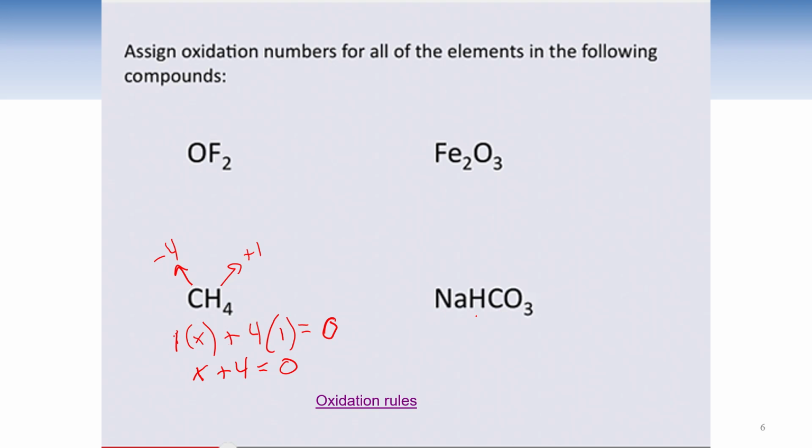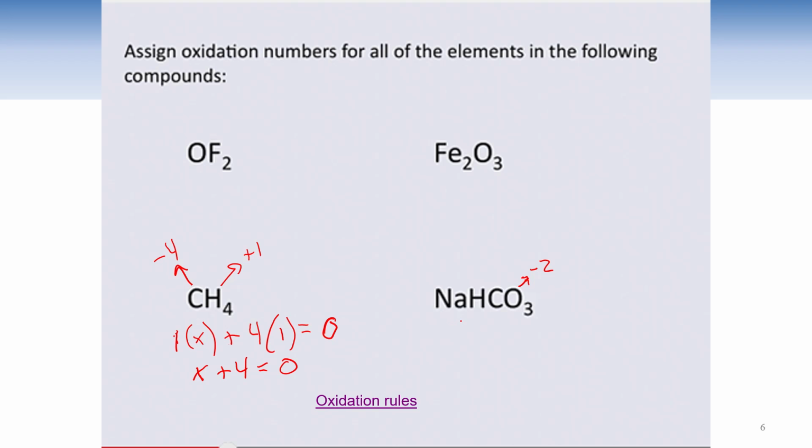Now we have this big guy. So first we're going to assign the most electronegative. So we're going to give oxygen an oxidation number of -2, because according to the rules, it's -2 unless it's bound to fluorine or another oxygen like in peroxide, which it's not. So now that we have -2, we can start looking at the other ones here.